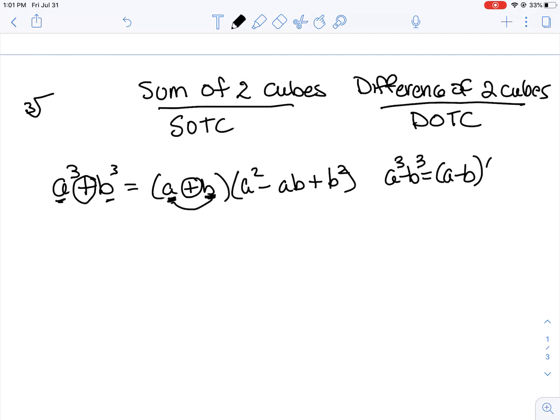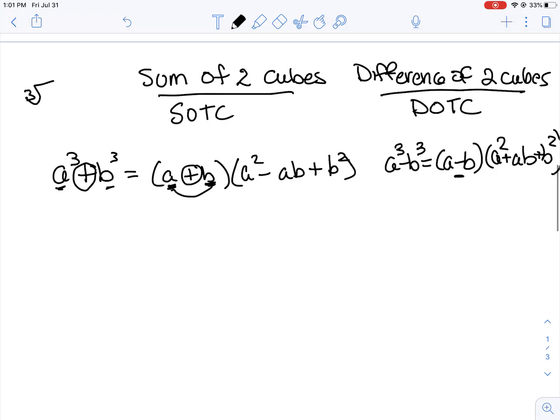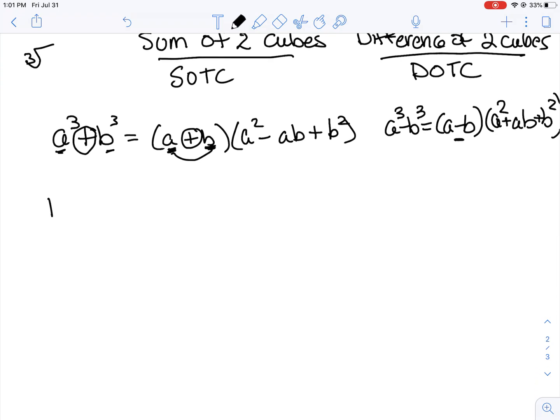We start off a minus b, because that was a minus. We square, we times, we square. Since this parenthesis had a minus, this will be plus plus. So the last one is always a positive. Really it's the same pattern. You just have to realize what is happening with the signs.